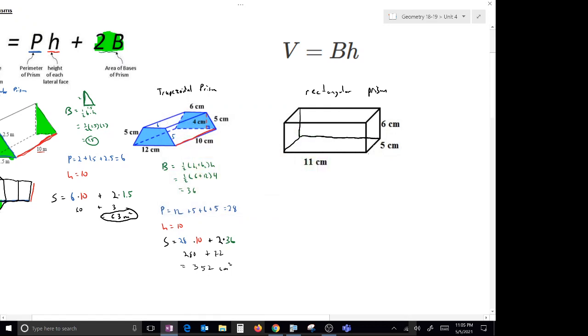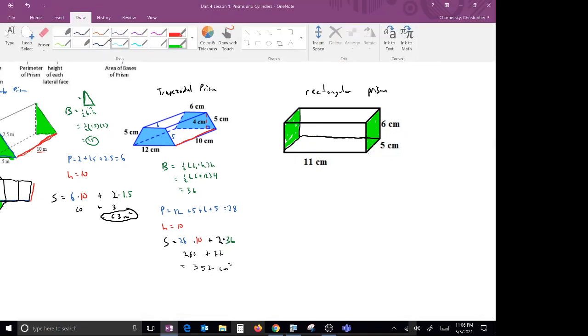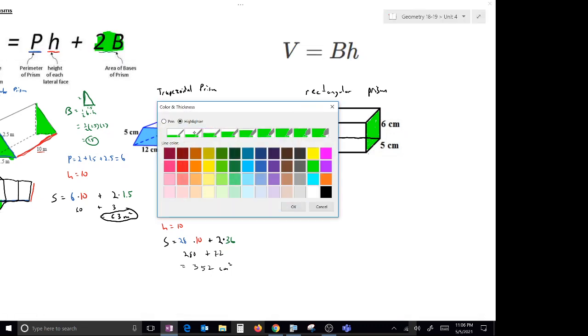So I'm going to, for this one, make it the sides here. We'll call these two, the left and the right, the base. Alright, so there's our base. So I'll do the rest the same way.